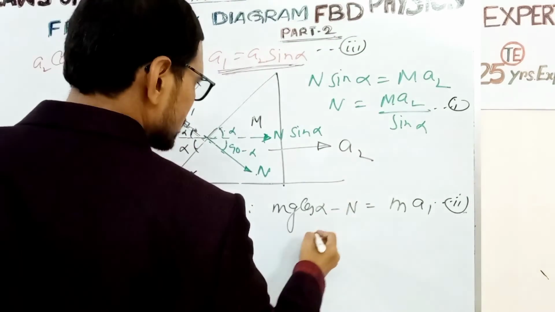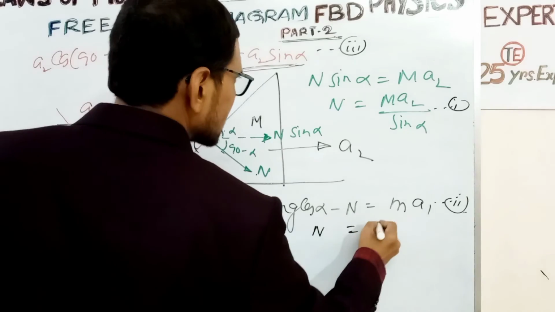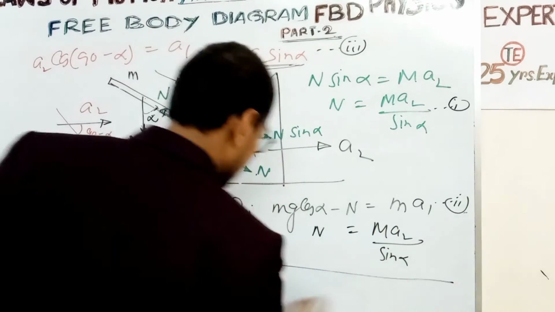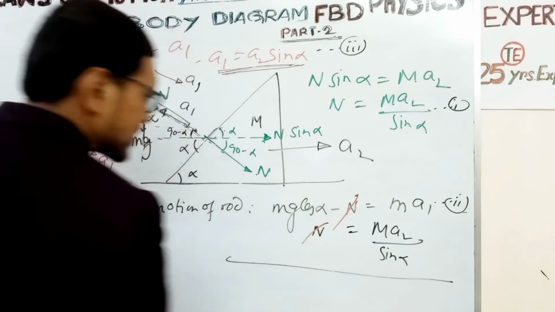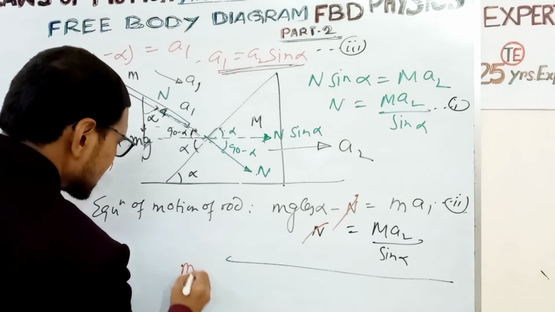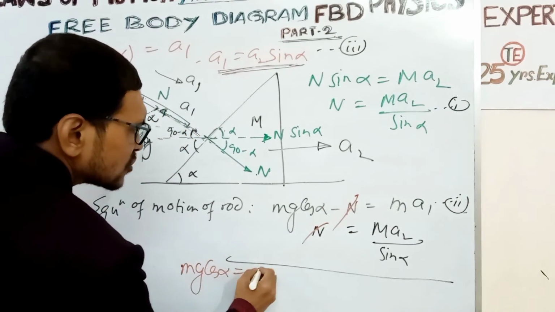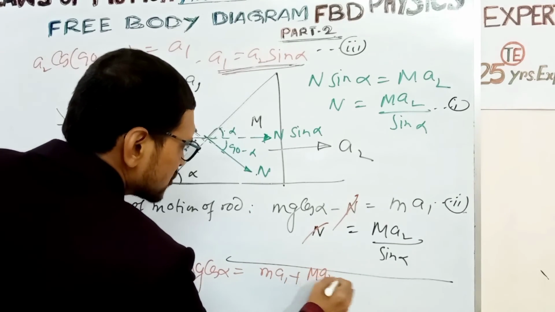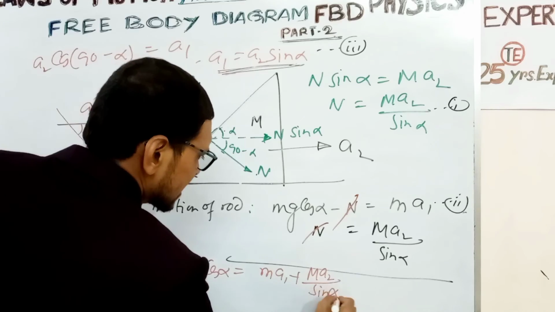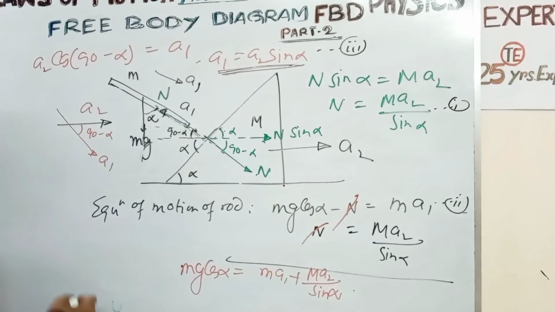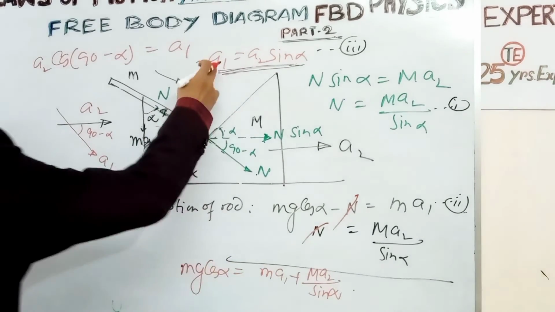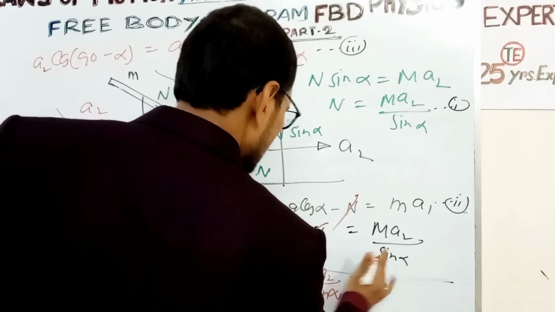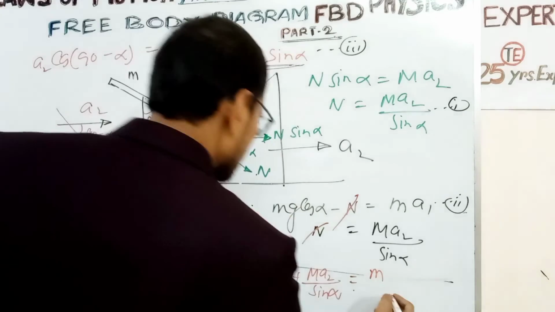Now if N equals this, and we add, the terms cancel, so we get mg cos alpha equal to m A1 plus m A2 by sin alpha. Now what is the value of A1? A1 equals A2 sin alpha.